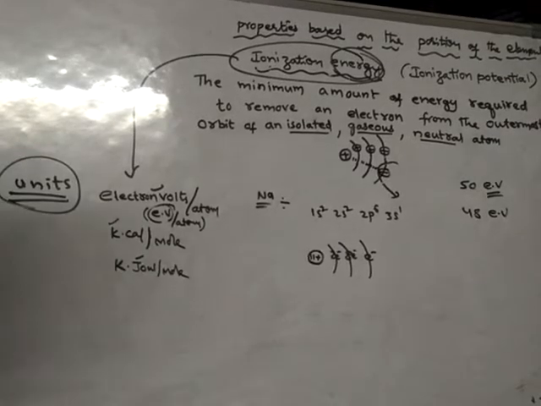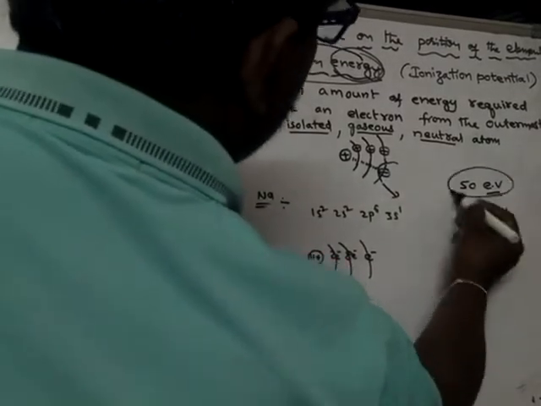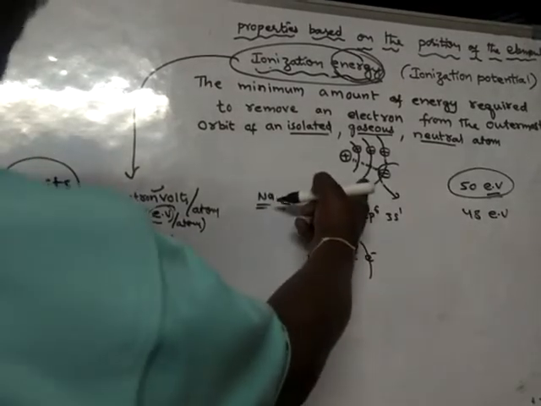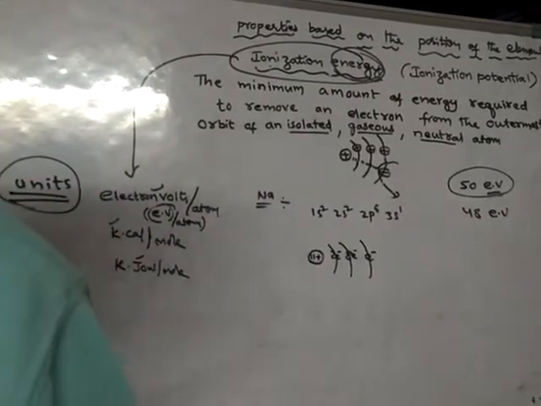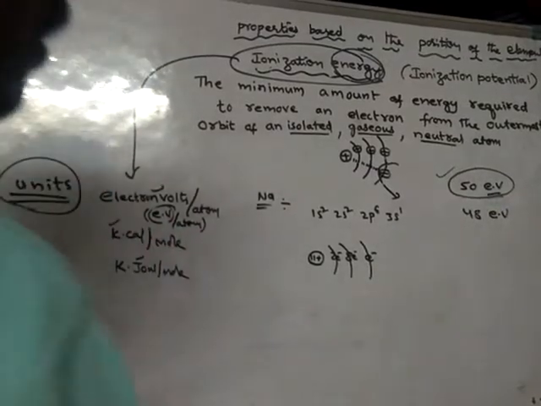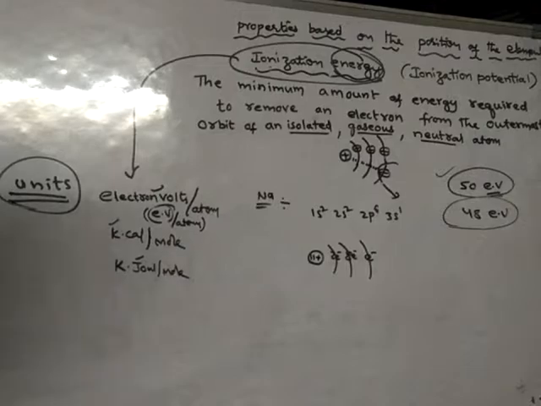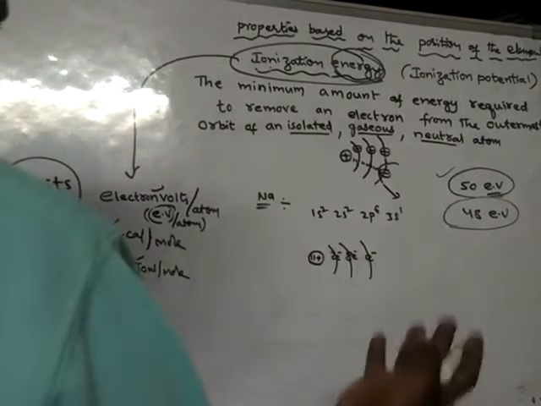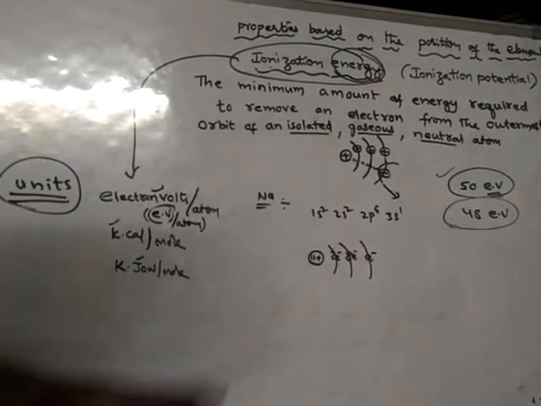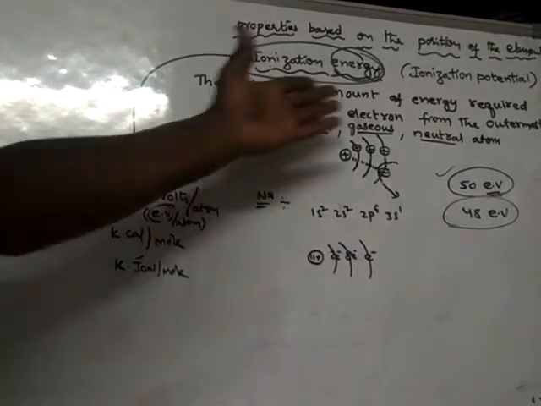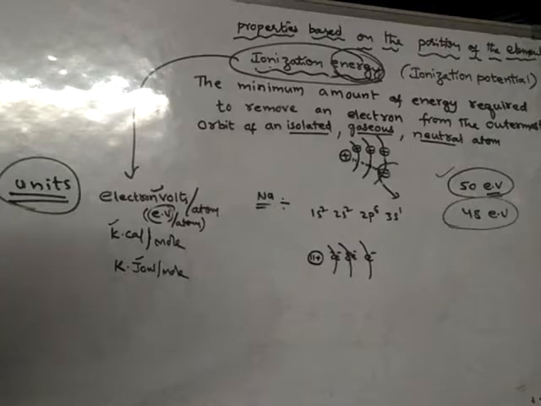No, I cannot, because this is the minimum amount of energy that I have to spend to take out that electron. An electron cannot be removed by spending less than the minimum amount of energy.